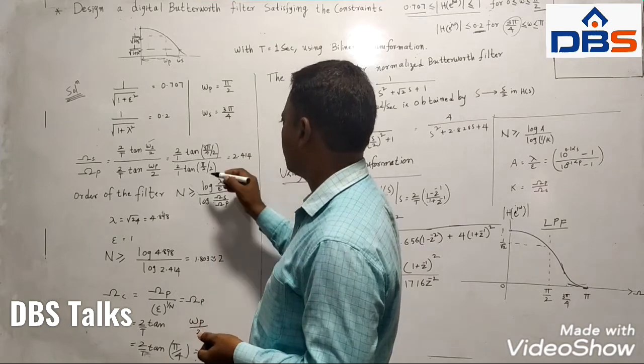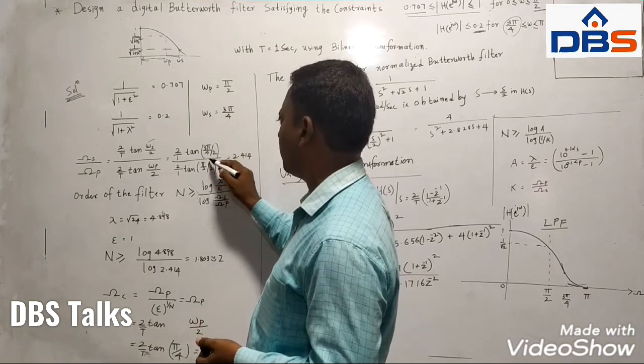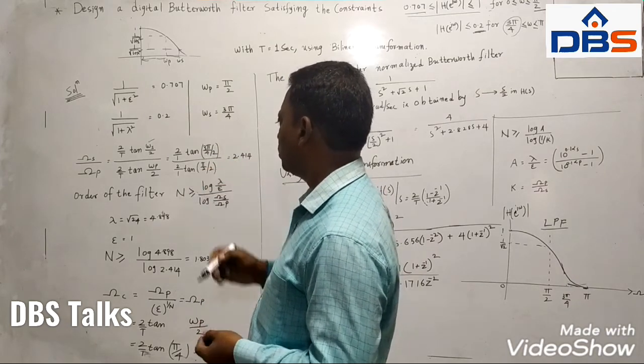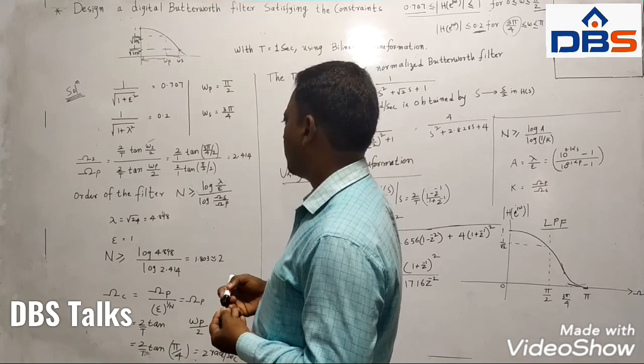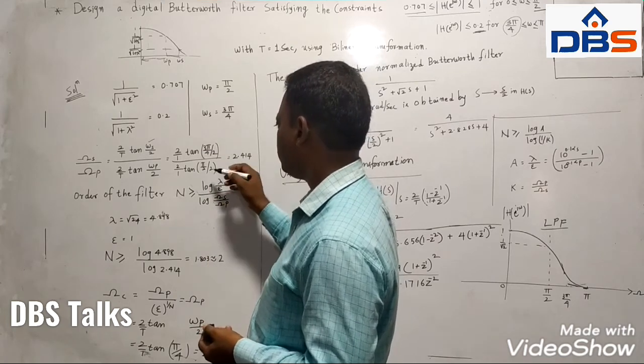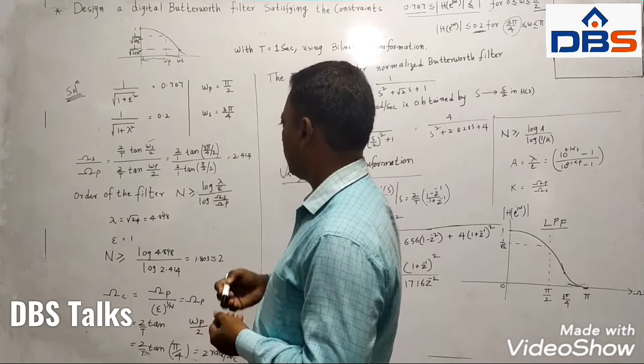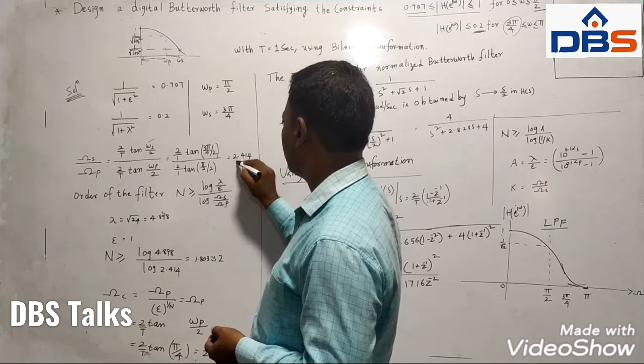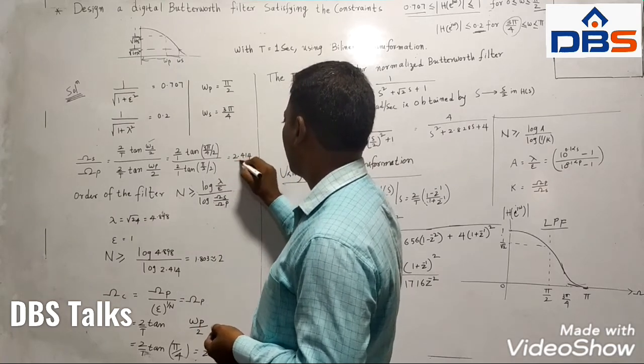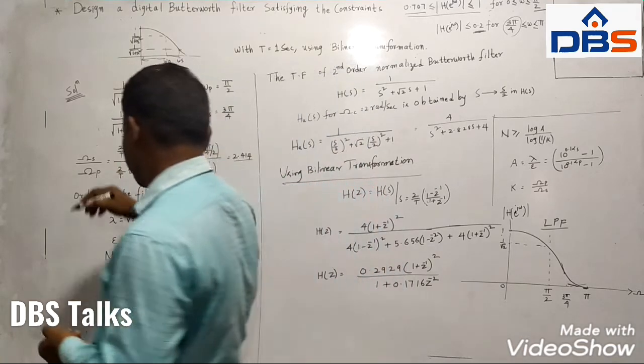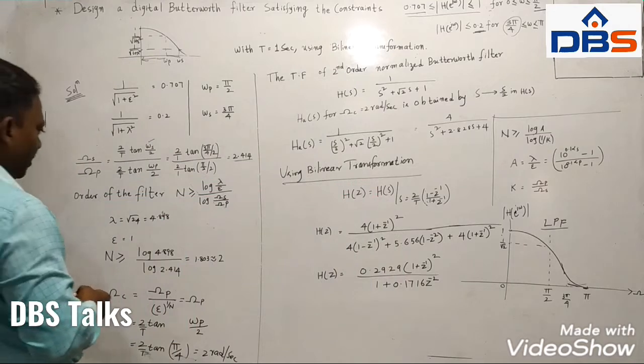If you simplify, 2 tan 3 pi by 8 divided by 2 tan pi by 4, where tan pi by 4 is 1, you will get 2.414 as the ratio omega s by omega p.